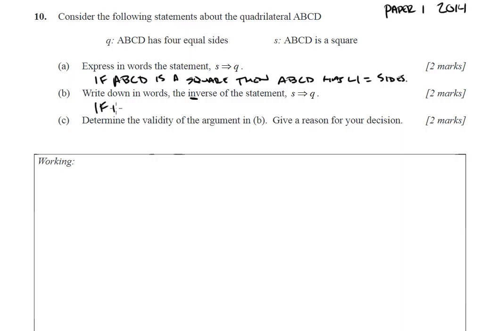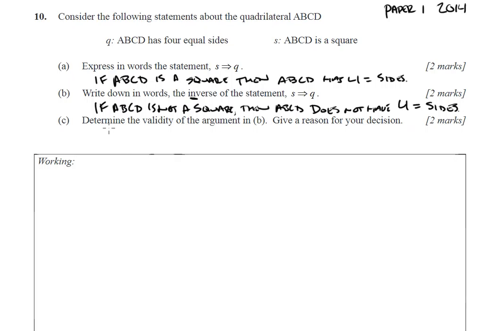So if ABCD is not a square, then ABCD does not have four equal sides.